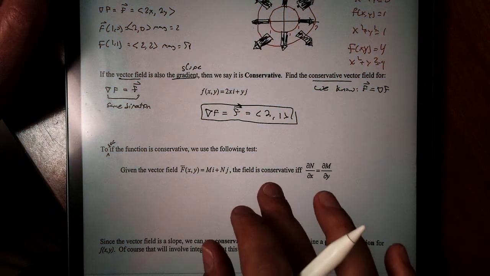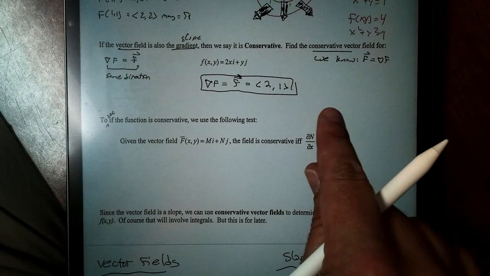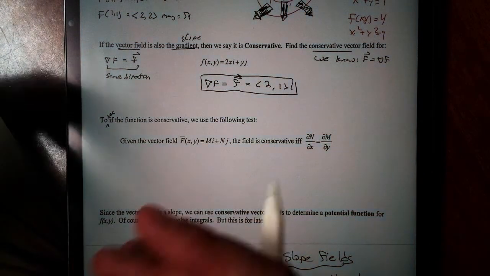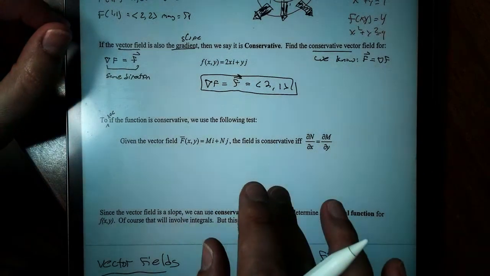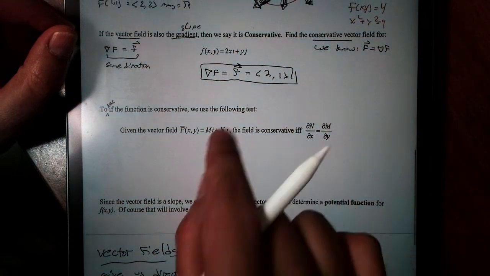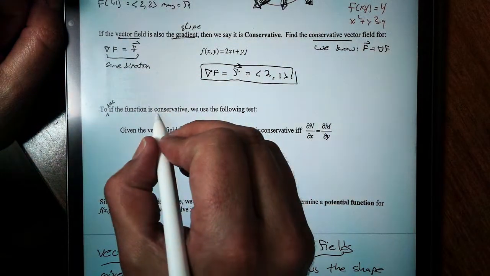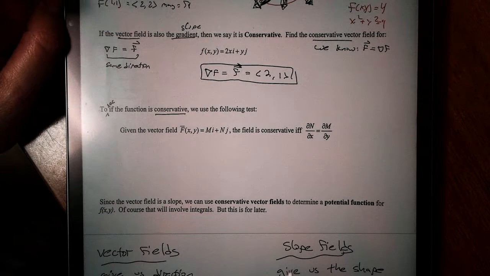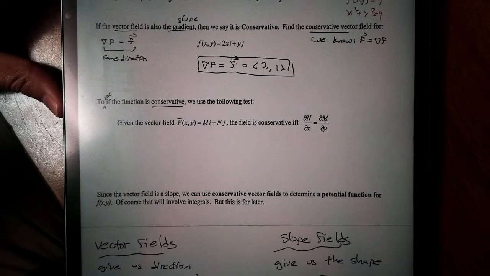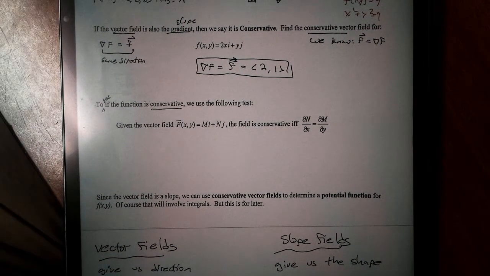Now, if we want to see if a function is conservative, we can use the following test. And this is a test for conservatives. If you can't pass this test, I guess you would just be considered a rhino. So we want to test if this is conservative.